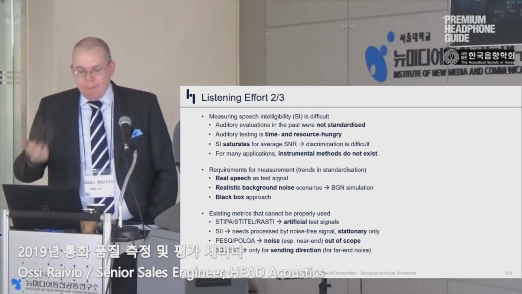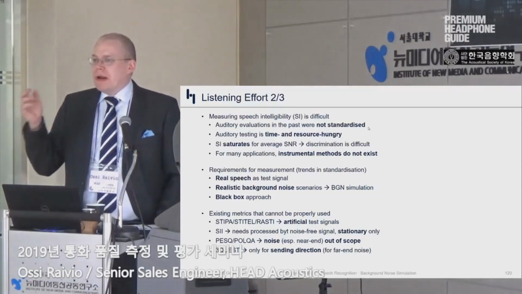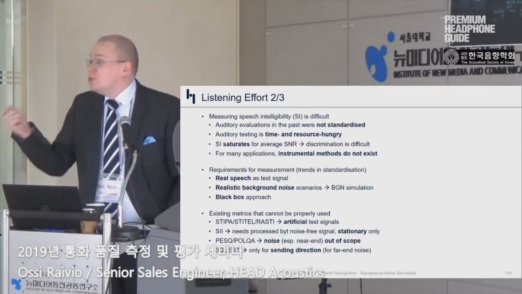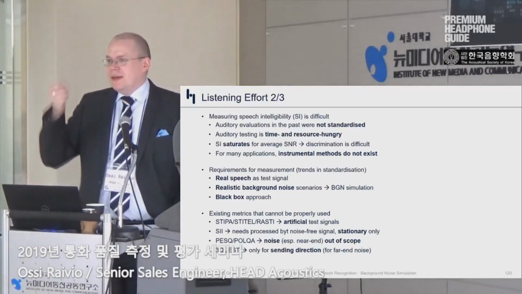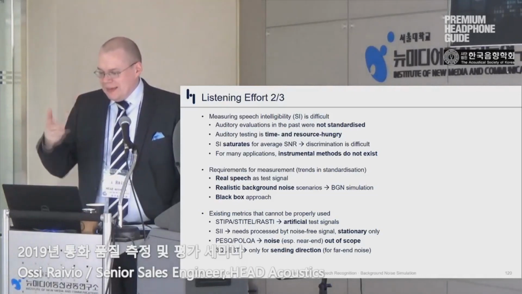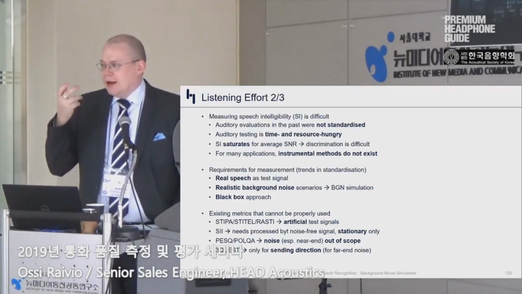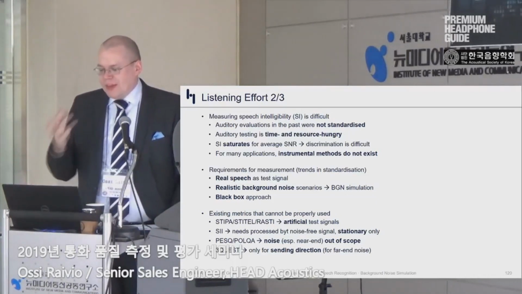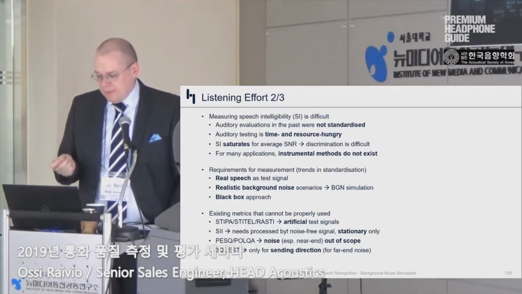In general, measuring the speech intelligibility is difficult because you are very often relying on auditory testing, on subjective testing, and as we learned this morning, subjective testing takes a lot of time and it takes a lot of money. So it is time and resource hungry. That's the main minus point of speech intelligibility.